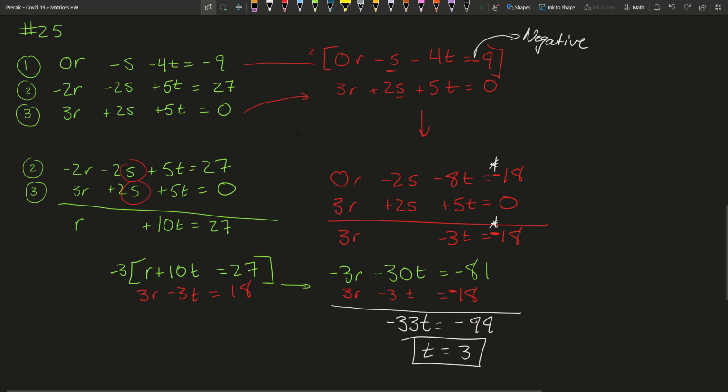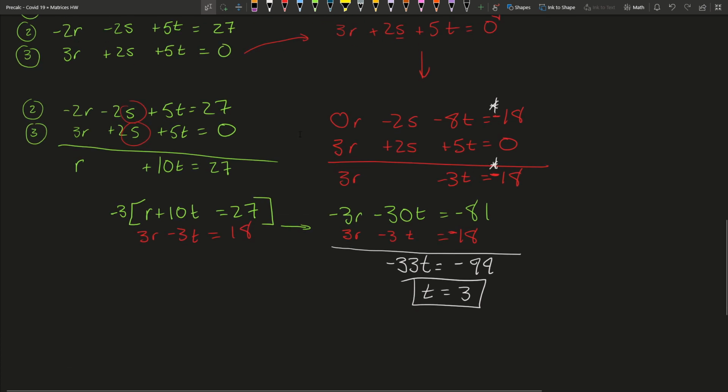Okay, now we solved for one variable, and we can use this t in one of these two equations. So I'm just going to pick the second one. All right, so 3r minus 3 times what t is, which is 3, is equal to 18.